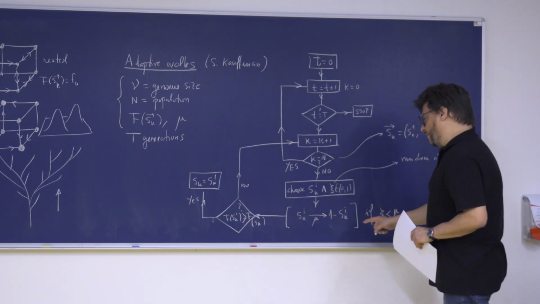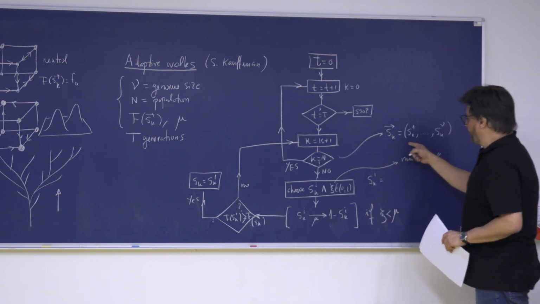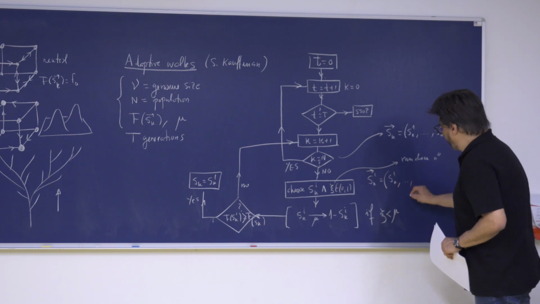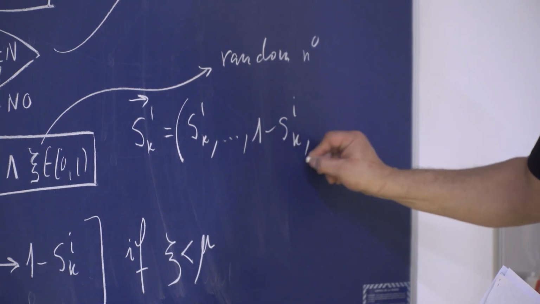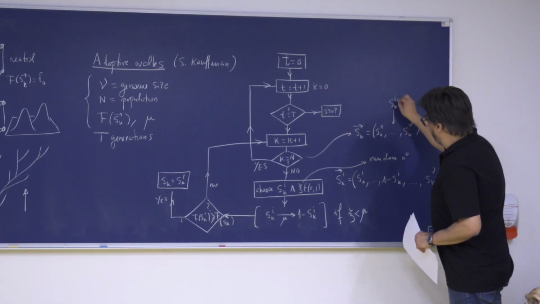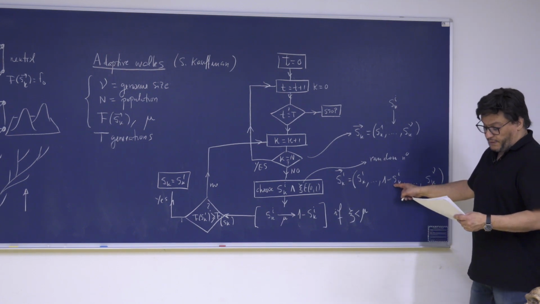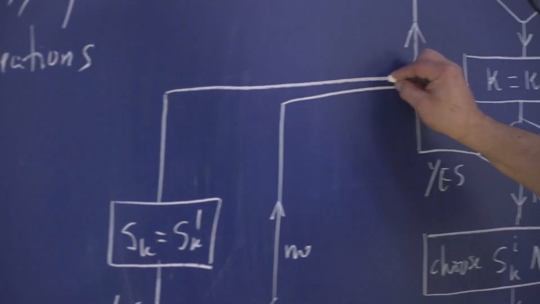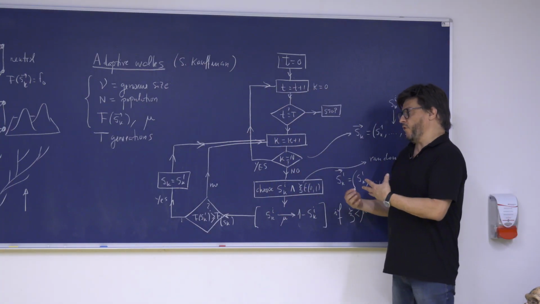Just to make sure, S_K prime means the same string I had here, except that the ith bit has been changed. My bit has been replaced by the opposite one. I do that, and go on. That's essentially what it means to perform an adaptive walk.